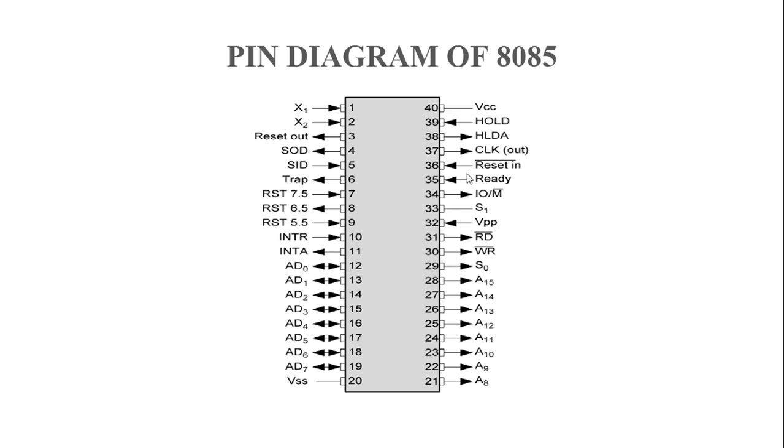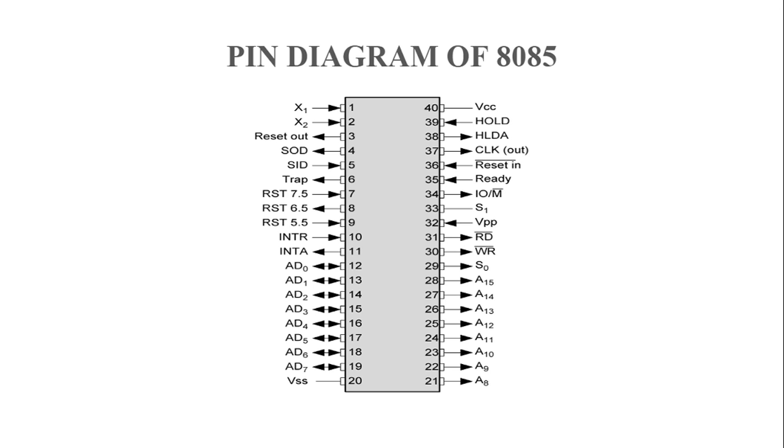So through this we check whether our peripherals are ready to transfer the data with the MUP or not. If ready is equal to 1, then peripherals are ready to transfer any content with the MUP, while if ready is equal to 0, in such case peripherals are not ready to transfer any content with the MUP.